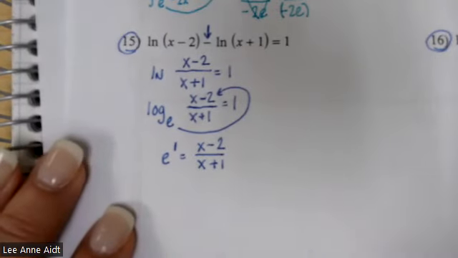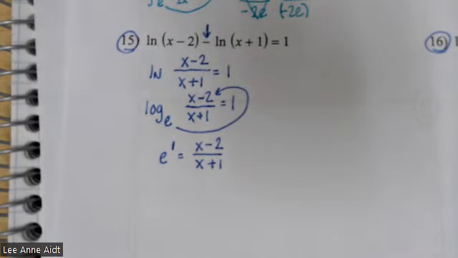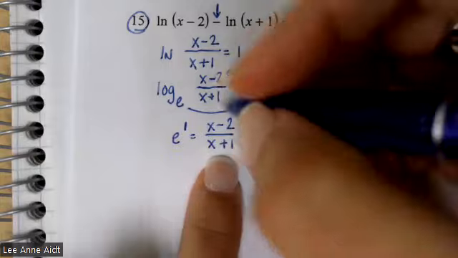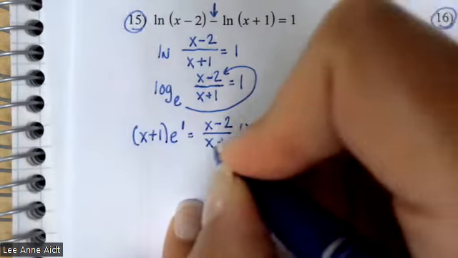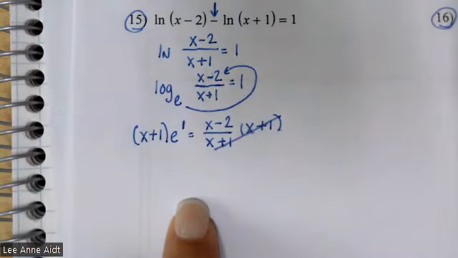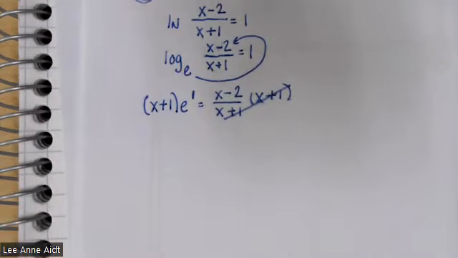On your quiz, this is where a lot of you got stuck for some reason. We will see now. For each person, it was a little different. So multiply both sides by x plus 1. You have to multiply by the whole thing.